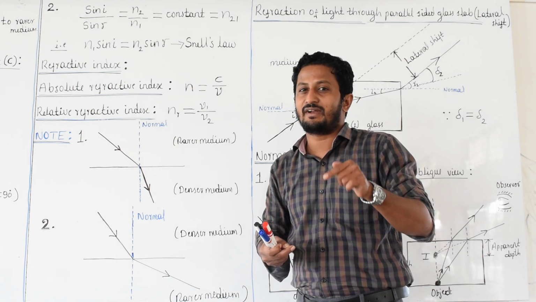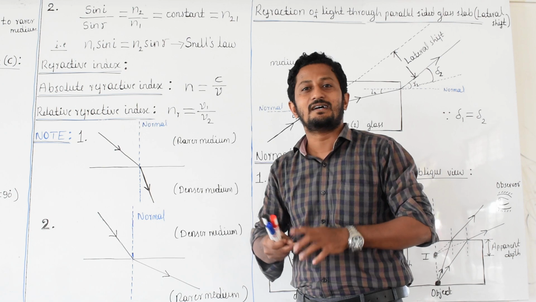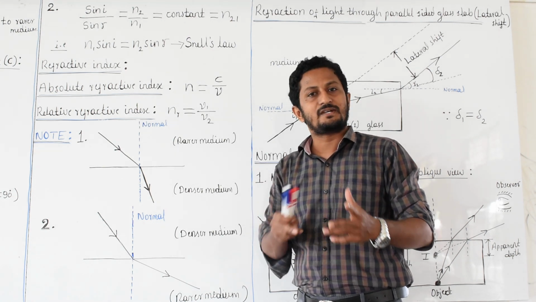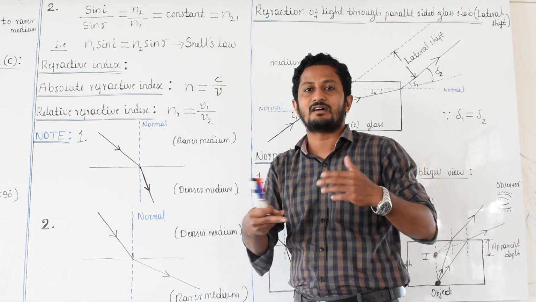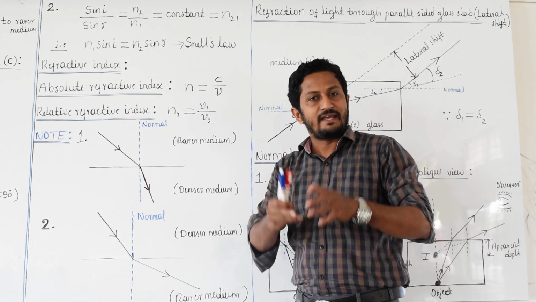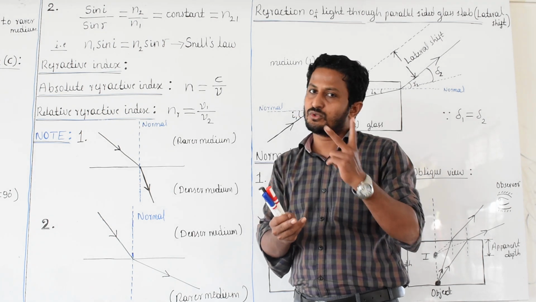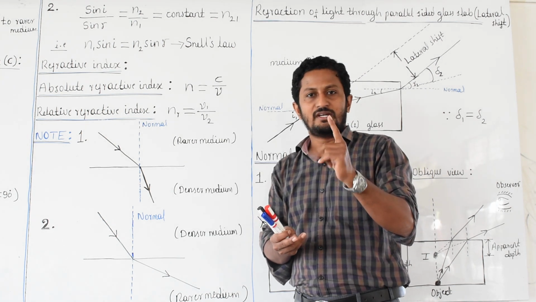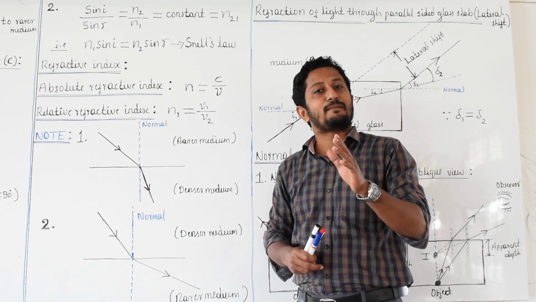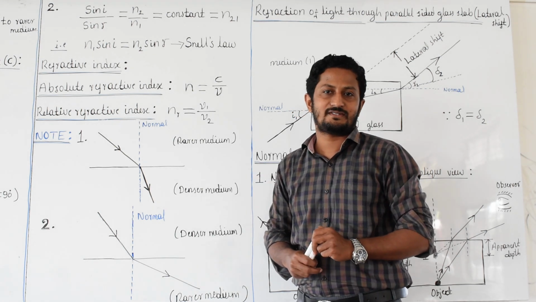Now this refractive index you call a relative refractive index because these two mediums are other than the air medium. If one of those two mediums is air, then you call it an absolute refractive index.